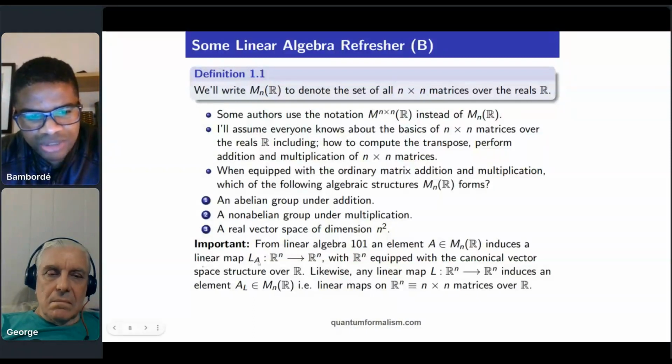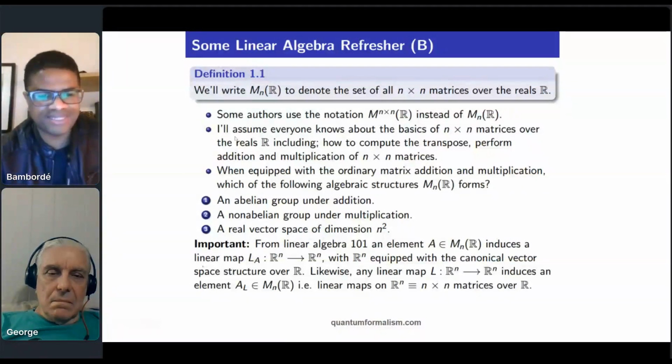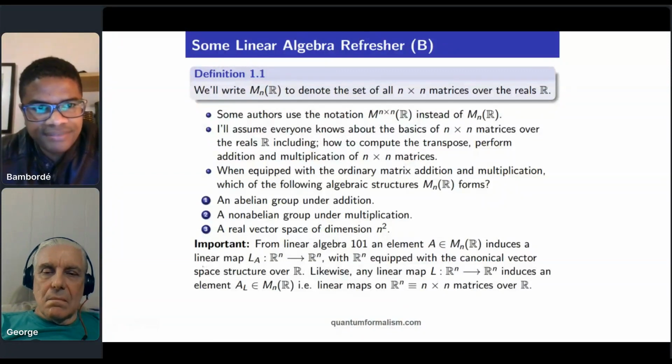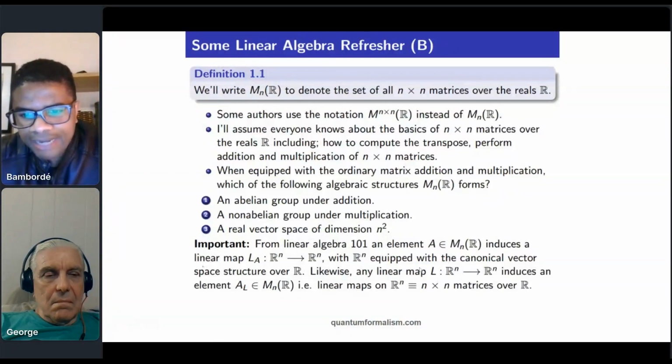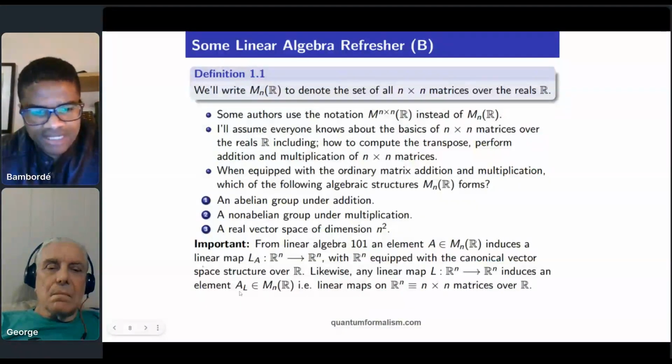Let's call it L subscript A from R^n to R^n. Here we are assuming that R^n is equipped with the ordinary vector space structure that we all know about. And likewise, given any linear map from R^n to R^n, this induces a matrix that we call A subscript L, which is an n by n matrix.